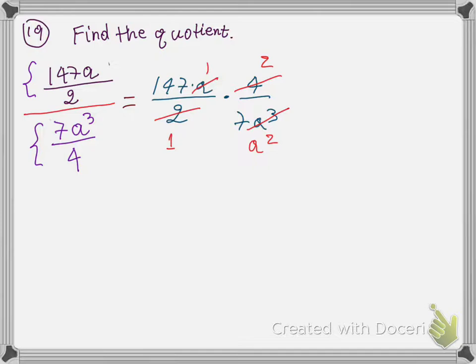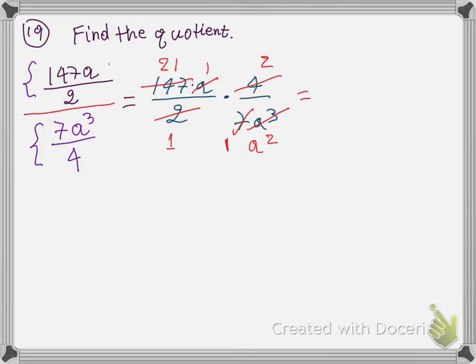Let's check that real quick. 147 divided by 7, that's 21. So the 7 and 147 will be left with 21 and 1. So lots of simplifying here.